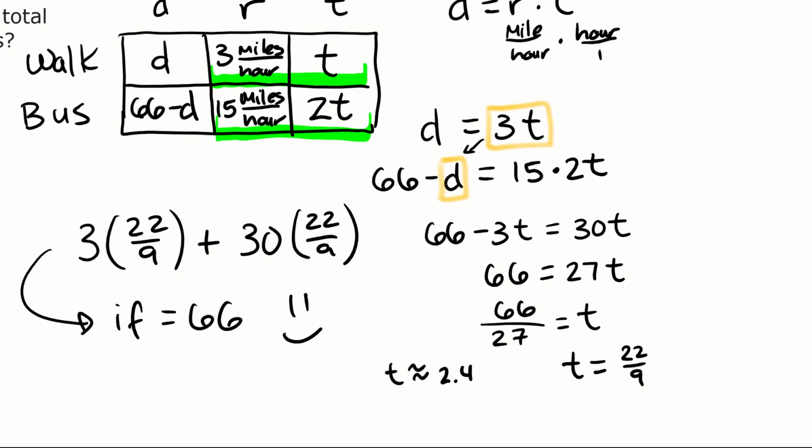I'll do this on my calculator: 3 times that number, plus 30 times that number. And when I do it, I do not get 66. So I am sad to say that this is not happiness.